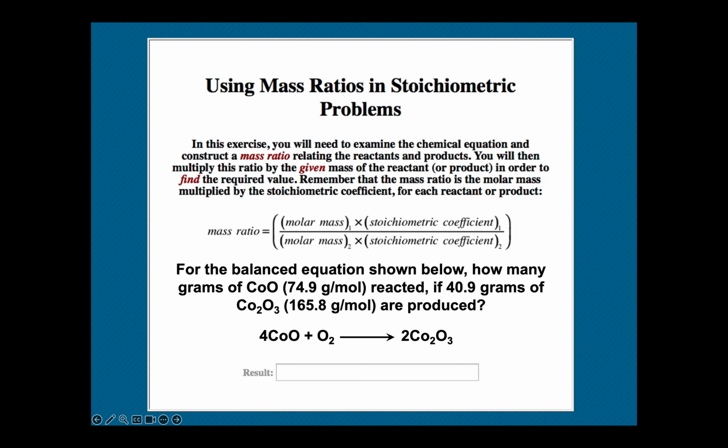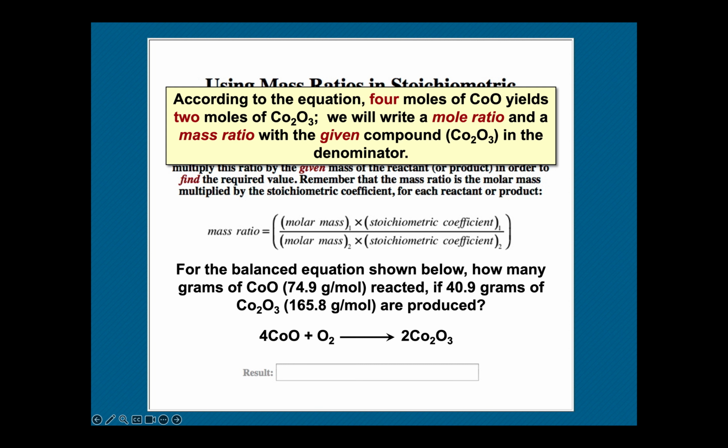So, let's see, we have a ratio here of 4 to 2, or 2 to 1. Our given is going to be cobalt 3, so that's going to be in our denominator. 4 moles of cobalt 2, 2 moles of cobalt 3.